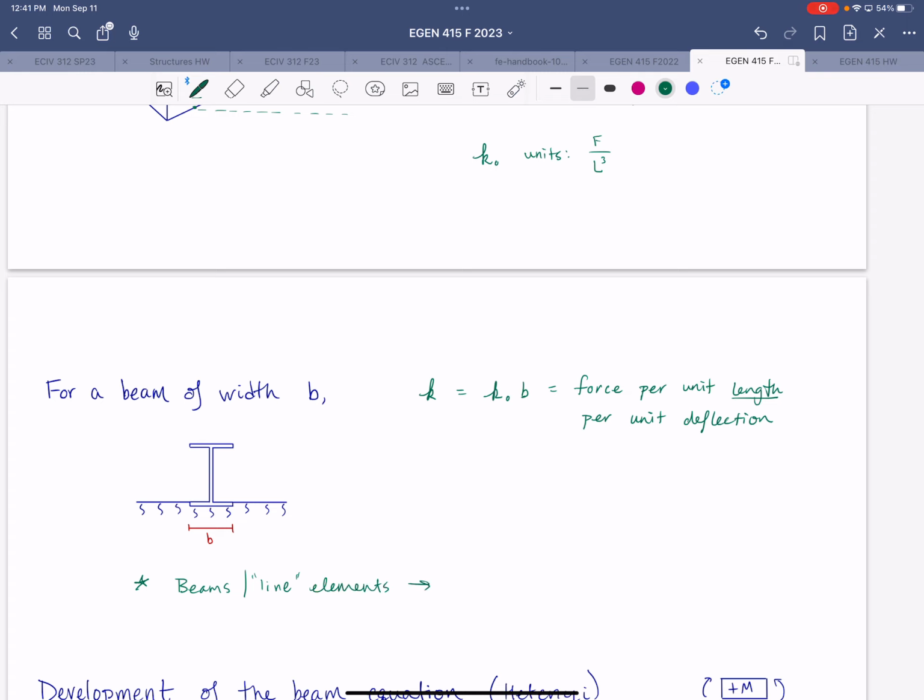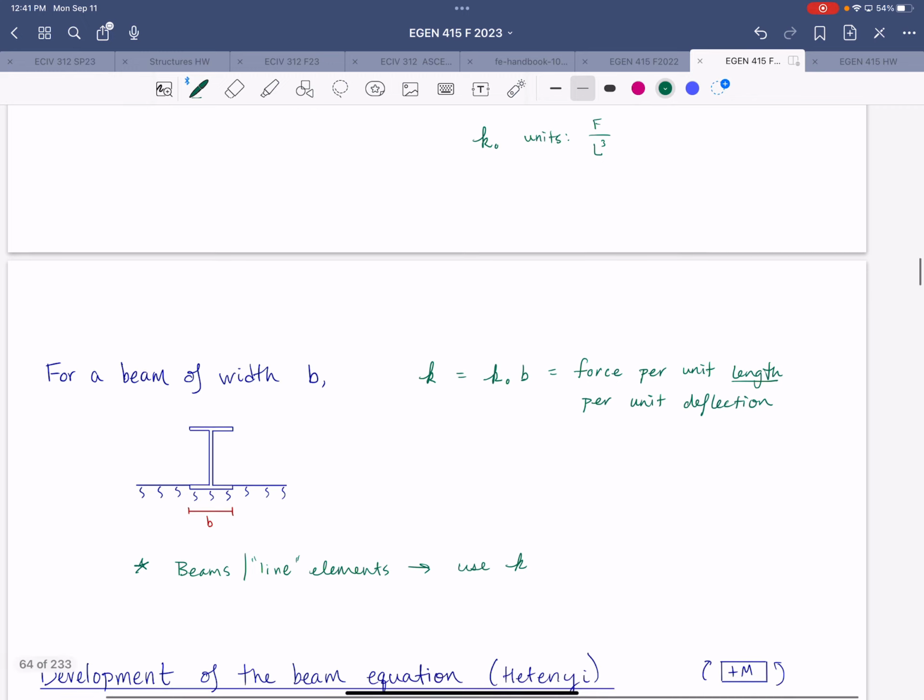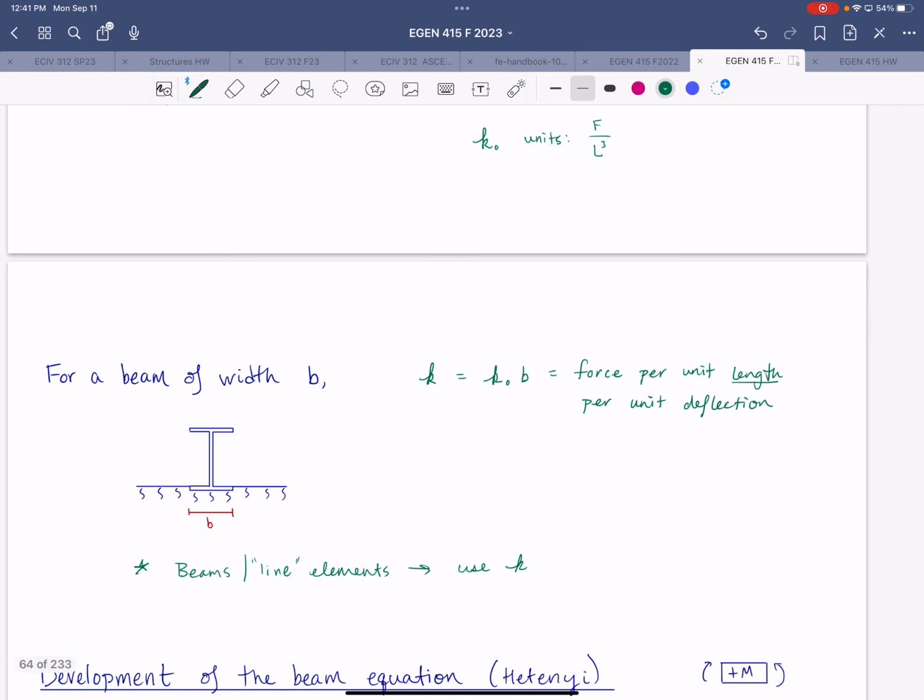You would want to use K. And then for plates or other area elements, you would want to use K naught.